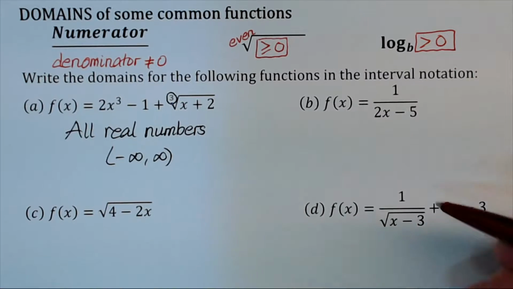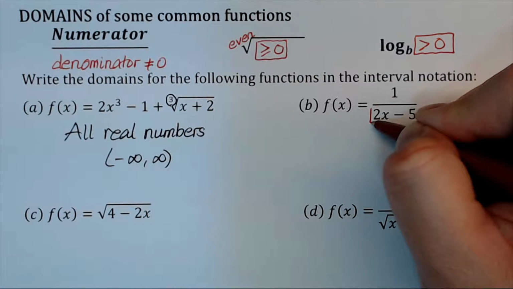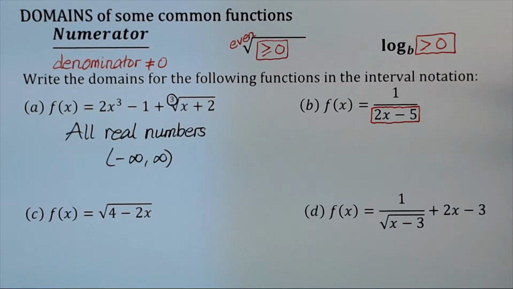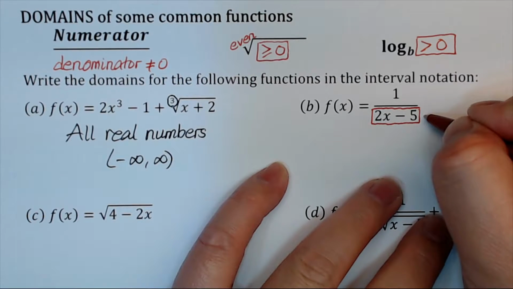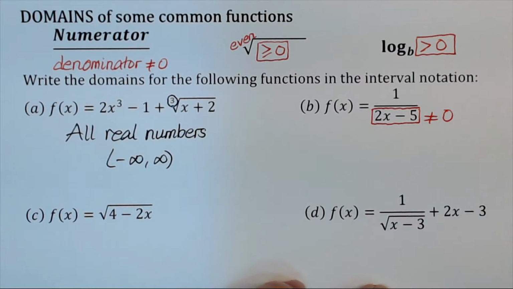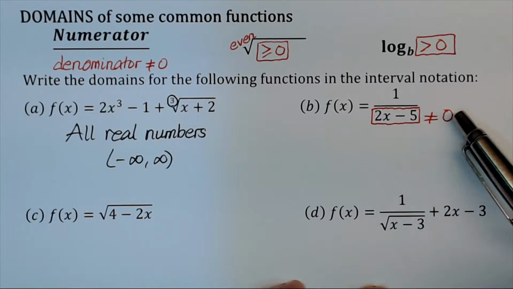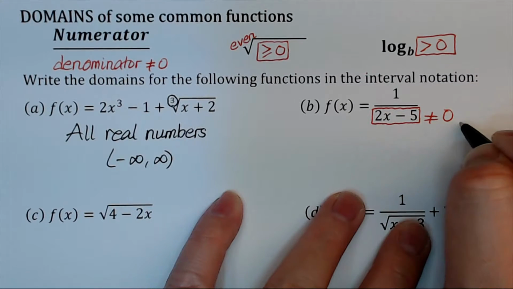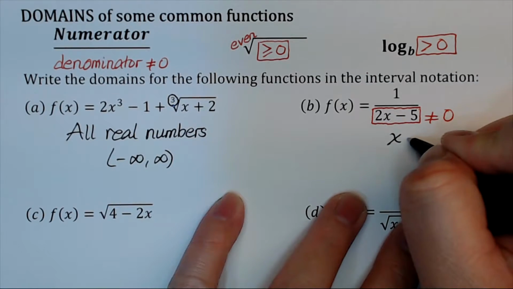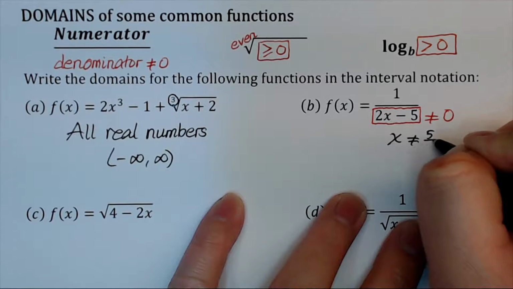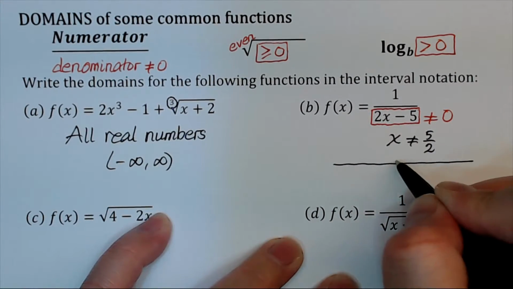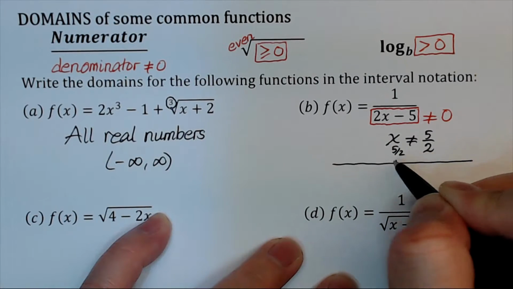Next, we have a rational function. We have the denominator 2x minus 5, and the rule is the denominator cannot equal 0, because dividing by 0 is undefined. So denominator not equal to 0. We add 5 on both sides and then divide by 2, so x is not equal to 5/2. If we draw a number line, there's a 5/2 here.